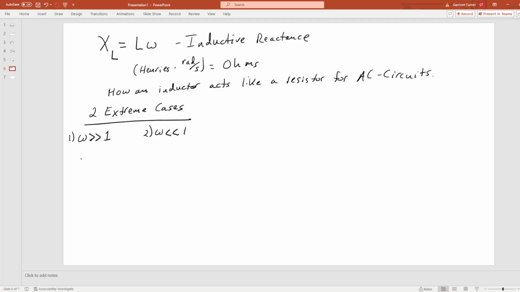So if we look at this case, omega being much, much larger than 1, this is very high.